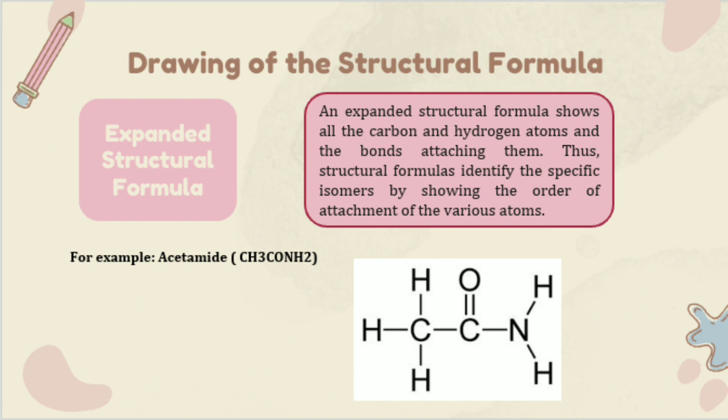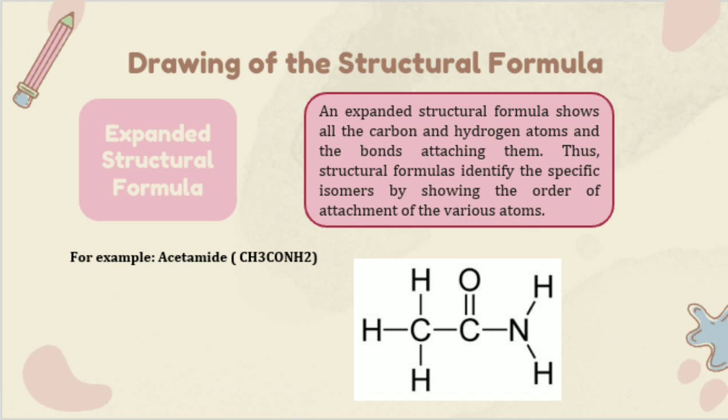The expanded structural formula shows all the carbon and hydrogen atoms and the bonds attaching them. Thus, structural formulas identify specific isomers by showing the order of attachment of the various atoms.